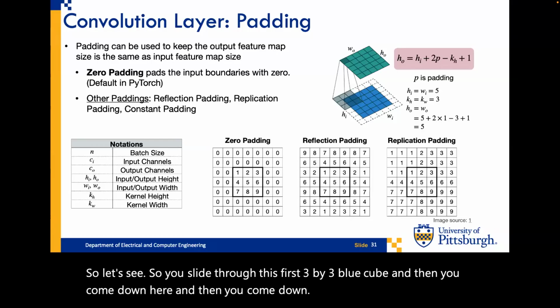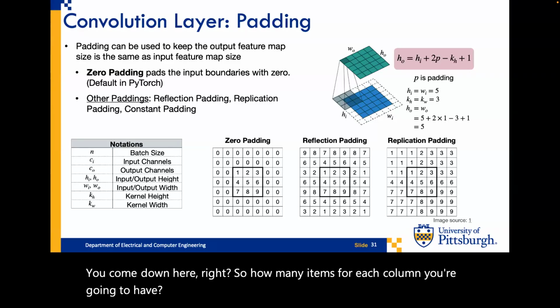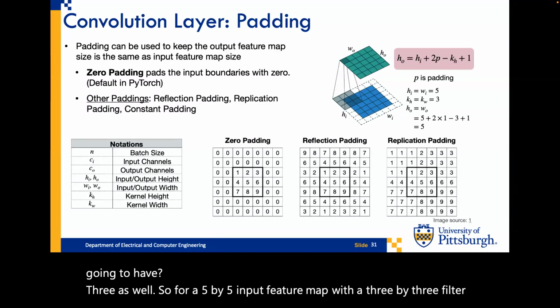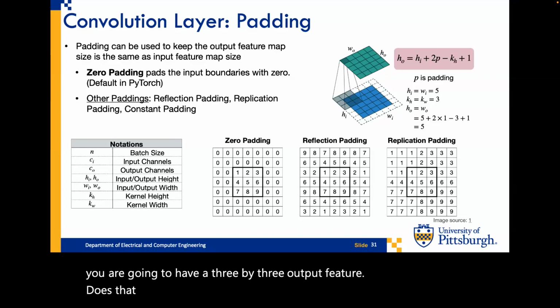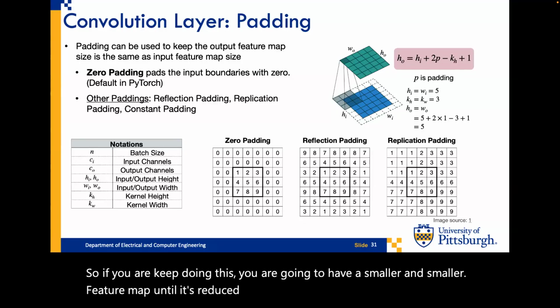Three as well. So for a 5 by 5 input feature map with a 3 by 3 filter, you are going to have a 3 by 3 output feature map. Does that make sense? If you keep doing this, you get a smaller and smaller feature map until it's reduced to one, and that's probably not what we want.